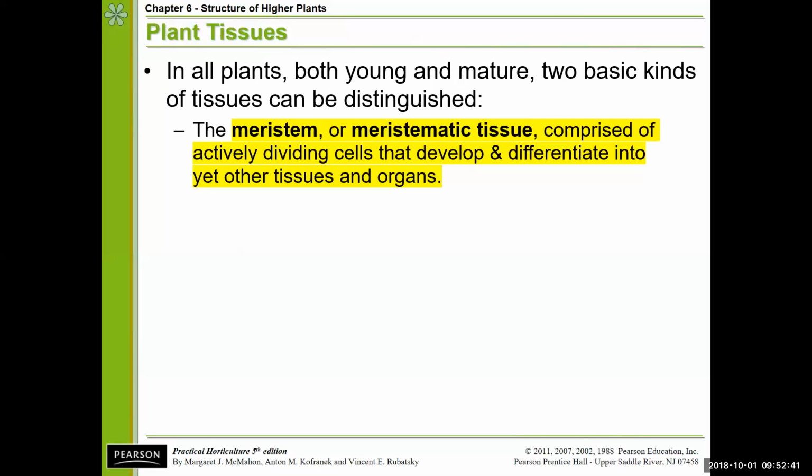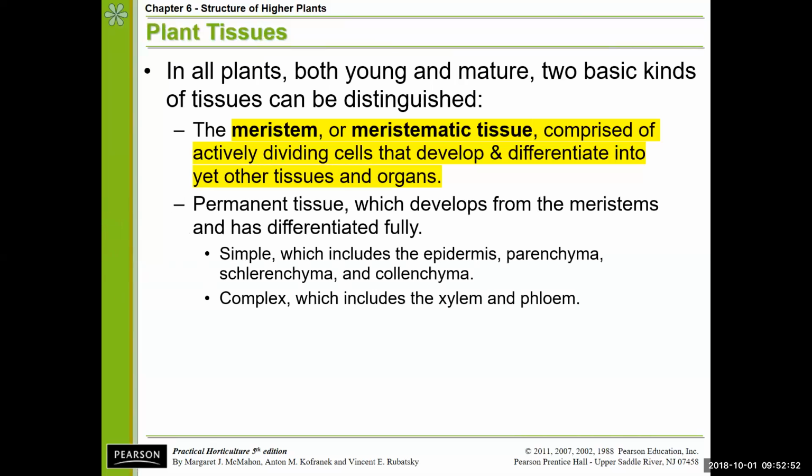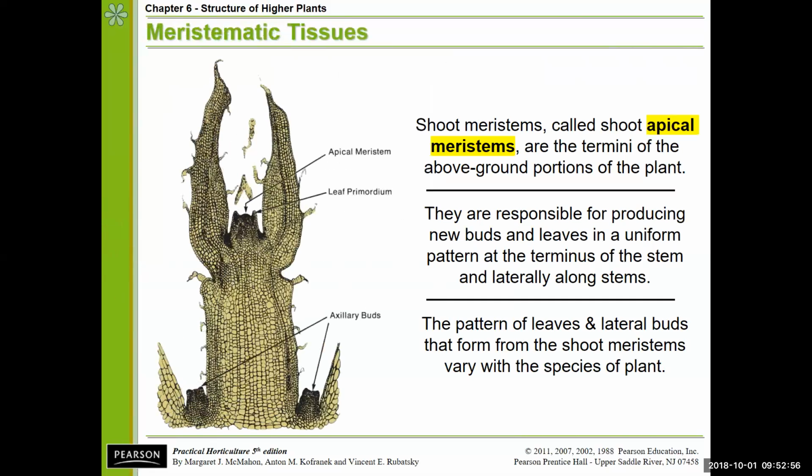So this is the area where they're saying, all right, you're going to be stem tissue, you're going to be leaf tissue, you're going to be flower tissue. It all happens in the meristem or meristematic regions, because these are not just in one place. We don't just see them in the stem, but we also see them in the root.